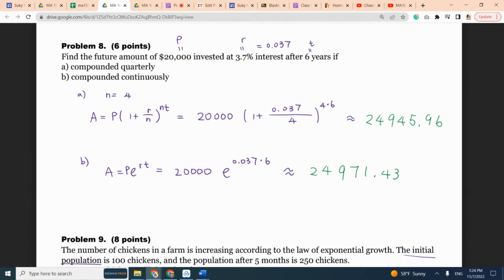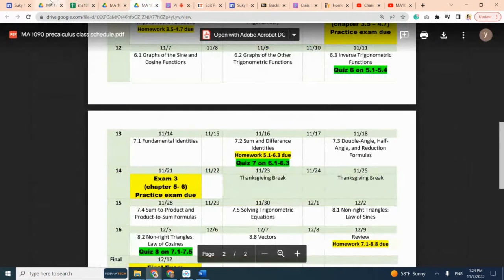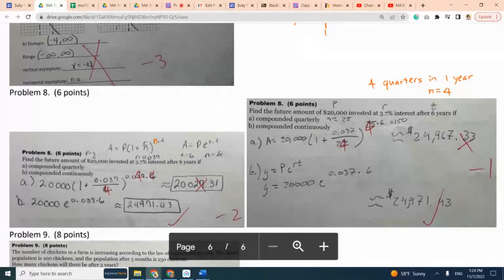So that's why we plug in n equals 4. The common mistake is that here n is 4, not 6. 6 is the years, and this is nt, not rt. Here, not 25, 4 quarters. Yeah, a quarter is 25 cents, but 25 cents is 1/4 of $1, so that's why quarter is 4. $1 equals 4 quarters.